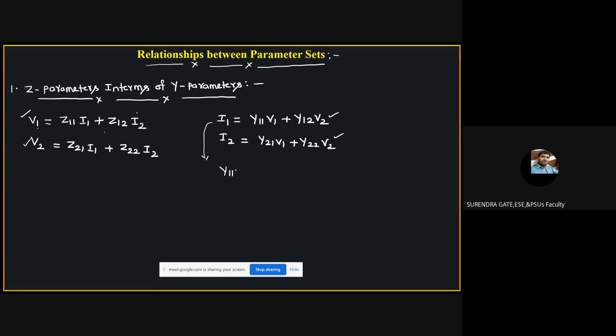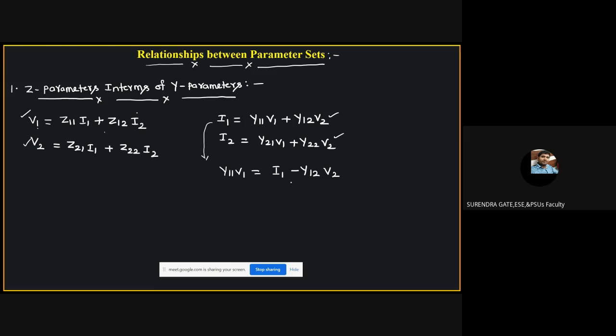Y11 V1 is equal to I1 minus Y12 V2, because you want to write voltage in terms of currents. Okay. Y11 V1 equal to I1 minus Y12 V2. Is it okay?